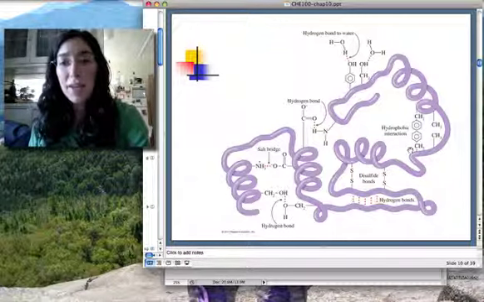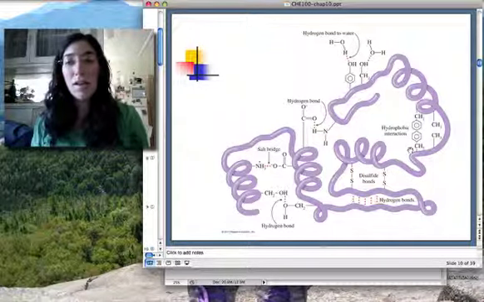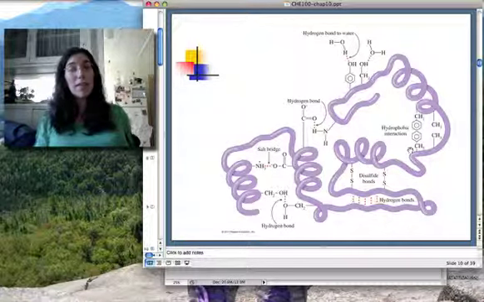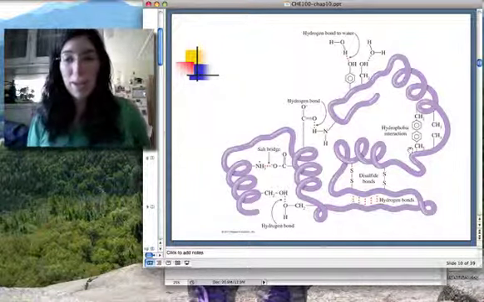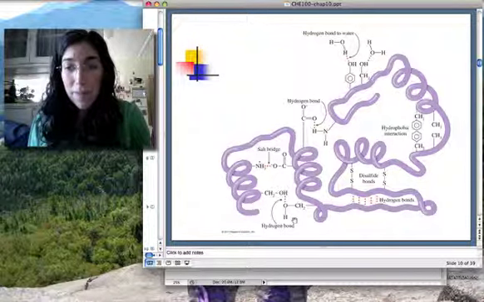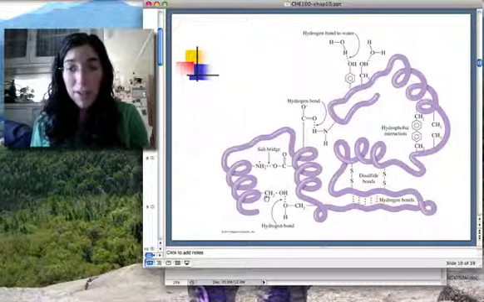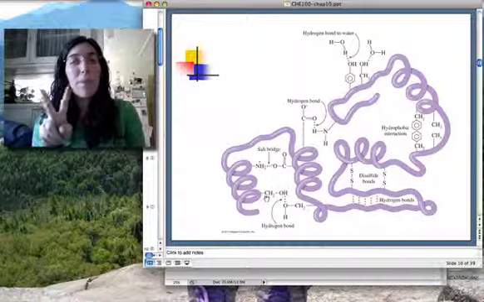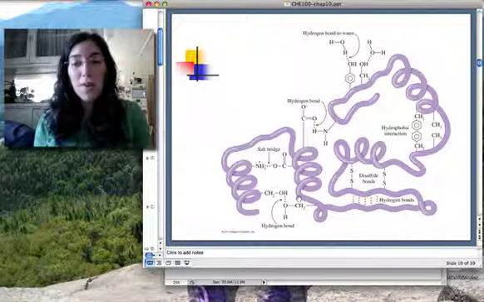The next one that we talked about was the polar attractions or hydrophilic, liking water. So you have hydrogen bonds here. So there's two sort of polar types of interactions. So one is the hydrogen bond between amino acid side chains.